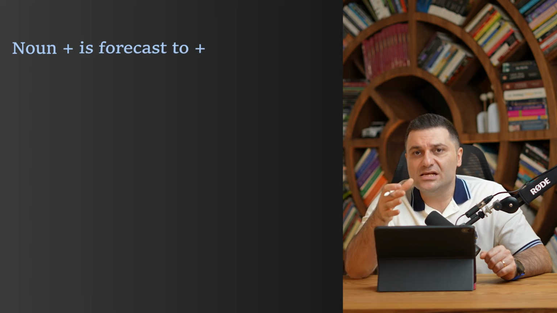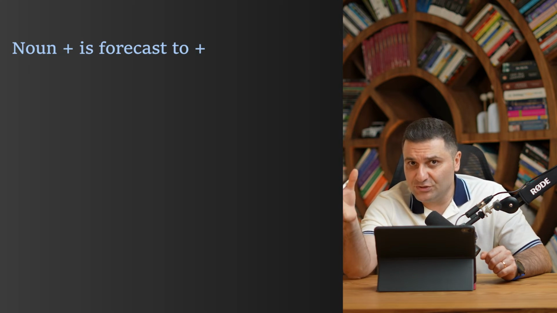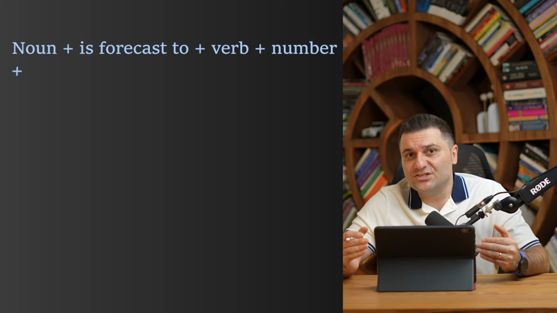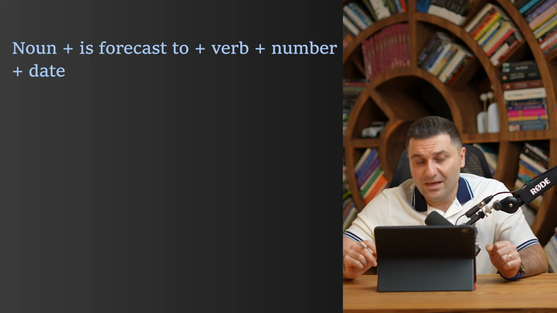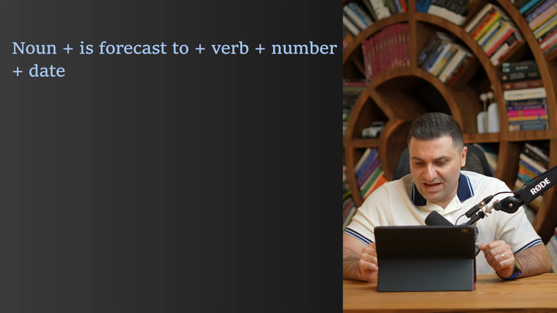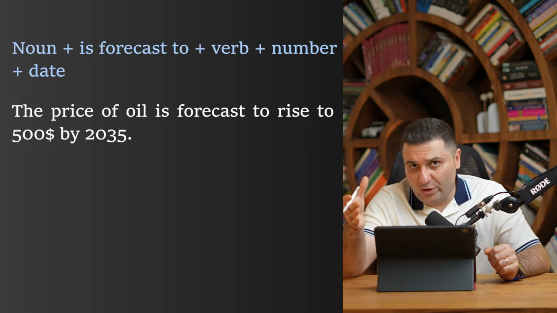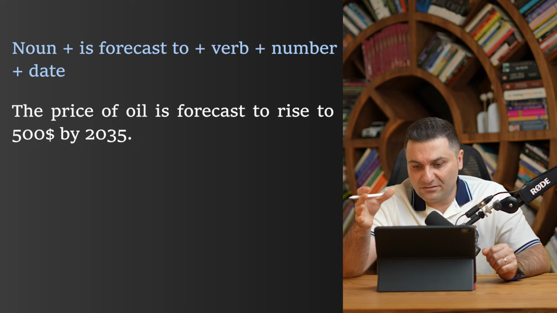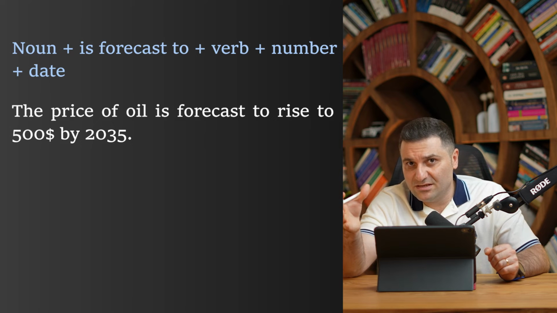Actually, we can replace the verb with other phrases too. For example, take a look at this structure. We have noun plus is forecast to plus verb plus number plus date. Now, this is a sample example: the price of oil, this is our noun phrase, is forecast.